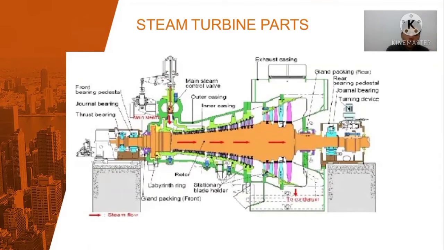This is of what's in the steam turbine. Here is a rotor, main steam control valve, water casing, exhaust casing, and more. You can see this for yourself.